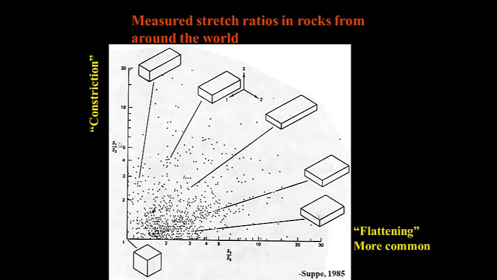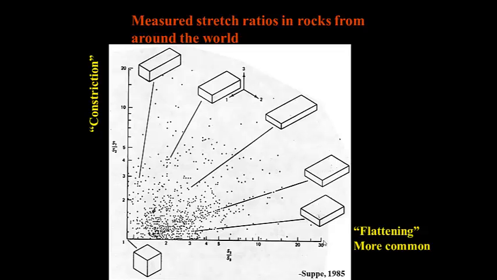And then on the other end, you can have this flattening behavior, where we really look at the ratio between the intermediate stretch and the minimum stretch. This is flattening, where we're squishing things in one direction and the other two stretch by about the same amount.